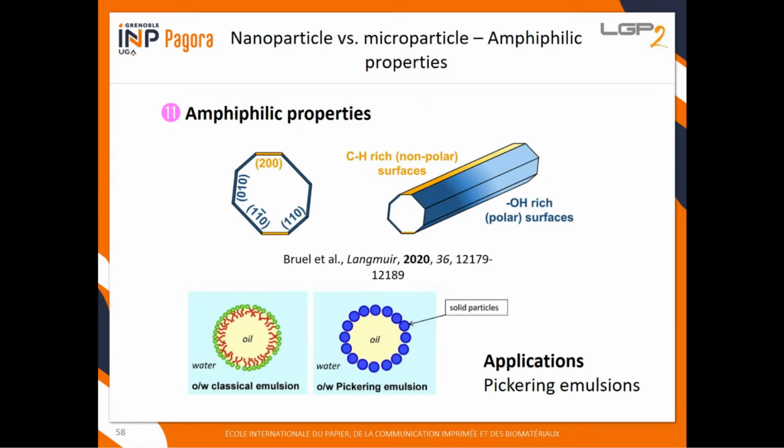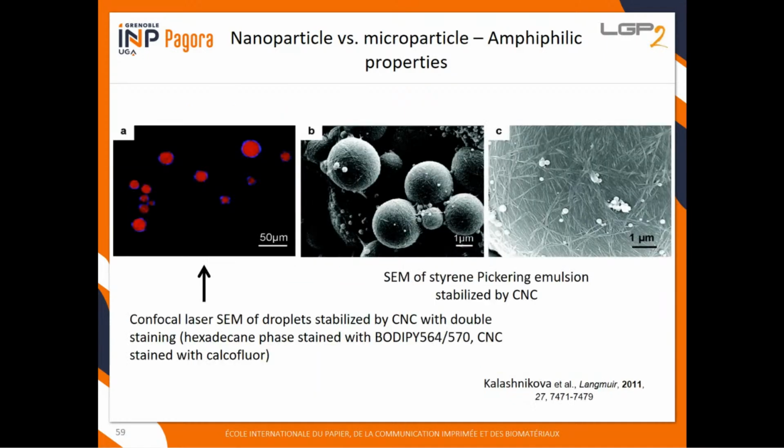You know that to prepare an oil-in-water emulsion, usually surfactant molecules are used, but solid particles can also be used. In this case, it consists of a Pickering emulsion. And you have an example here.